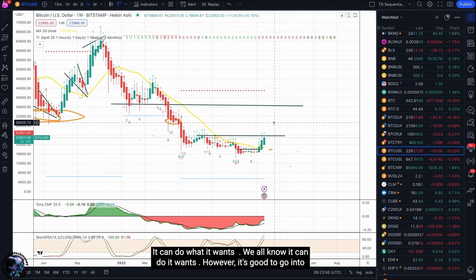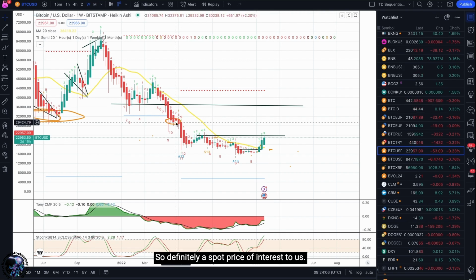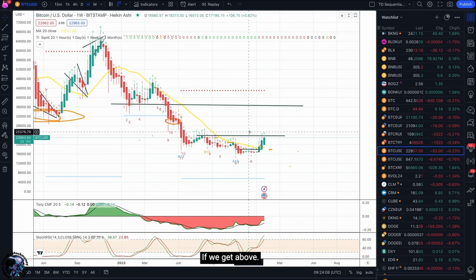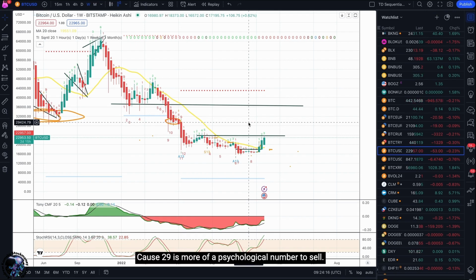However, it's good to go into a bit of forecasting and a bit of identifying spot prices of interest to us. So definitely a spot price of interest to us, if we get above 24K, is 29-30K. I would say 29 because 29 is more of a psychological number to sell.